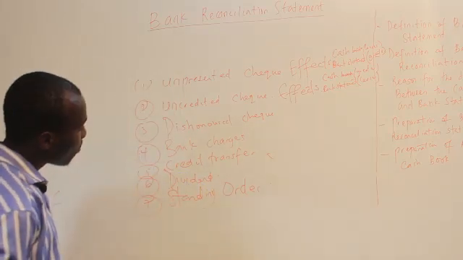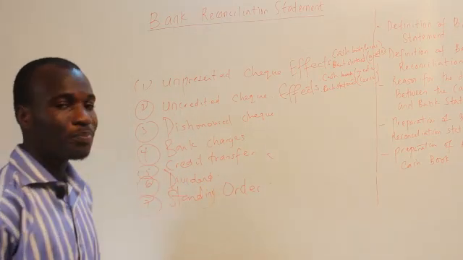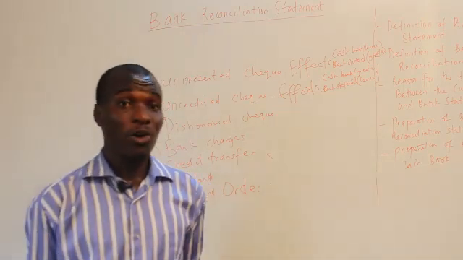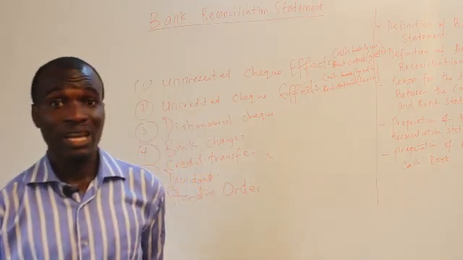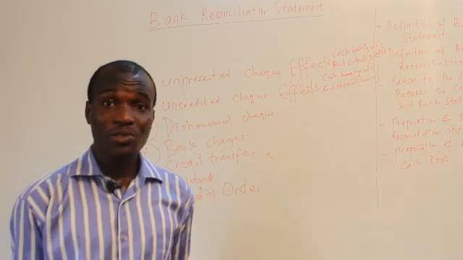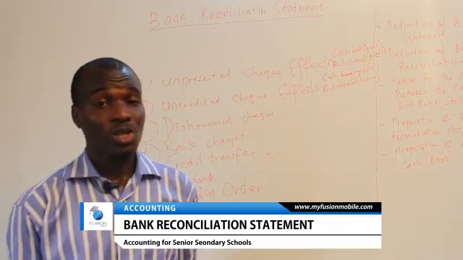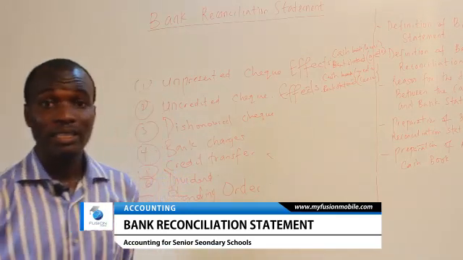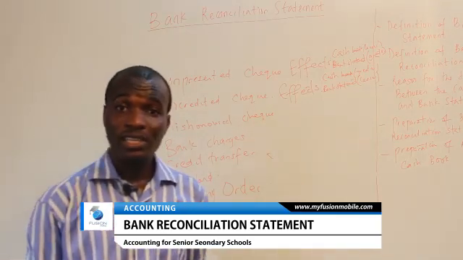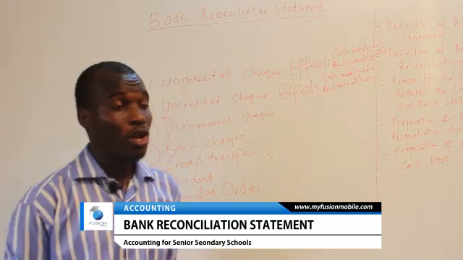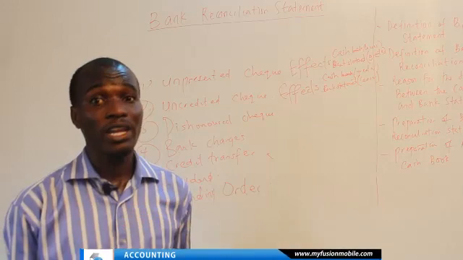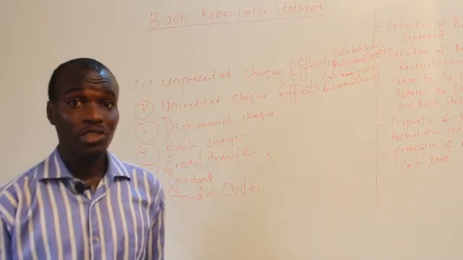So we have the credit transfer. The credit transfer is usually amounts paid in by the debtors of the firm directly into the account of the firm without its knowledge. It occurs in business whereby the debtors of the firm can pay their debt directly into the account of the proprietor or the firm without the knowledge of the firm.